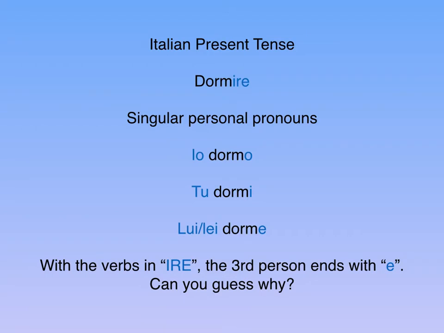And finally, let's have a look at the group of verbs that end in ire. So again, we drop the ire and we replace it with different endings for the different personal pronouns. Io dormo, tu dormi, lui, lei dorme. With the verbs in ire, the third person ends with an e. Can you guess why?